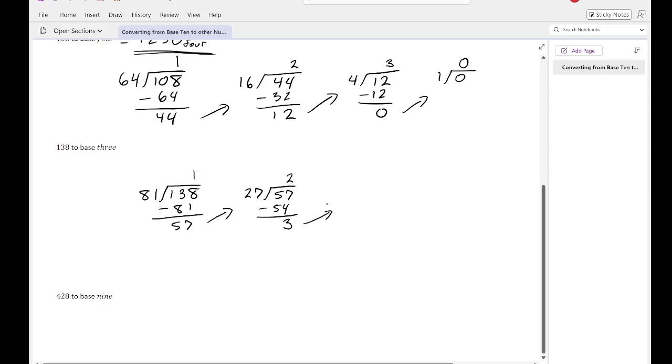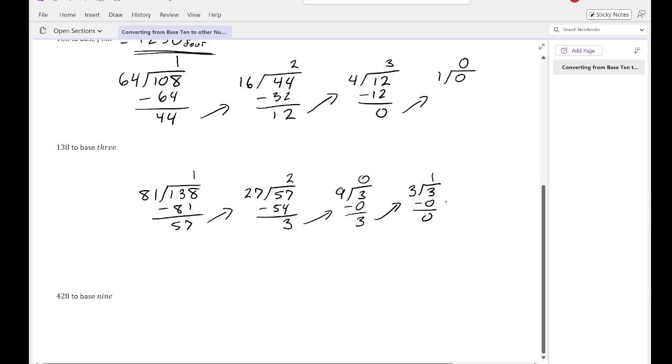Bring that over. Now this is going to be 3 squared, so it'll be 9 into 3, which will not happen. So I've got 3 again. Bring it over. Then it's going to be 3 to the first, which will go in 1 time.